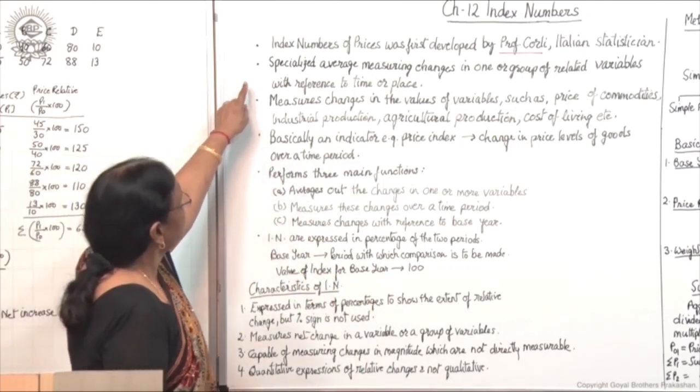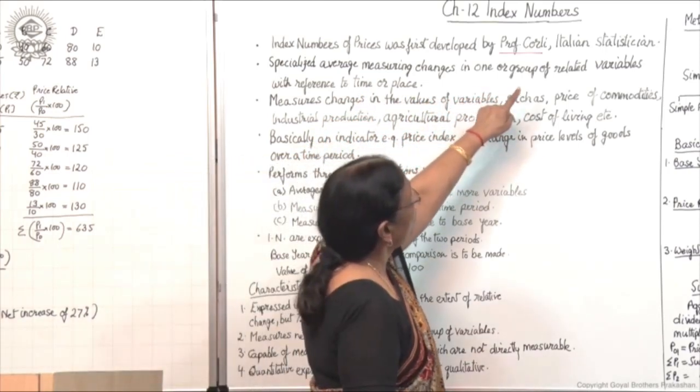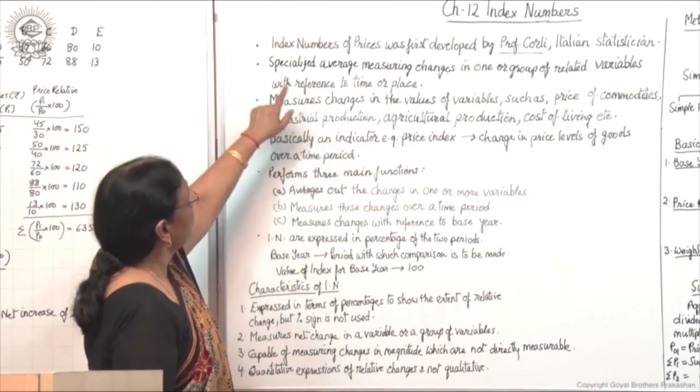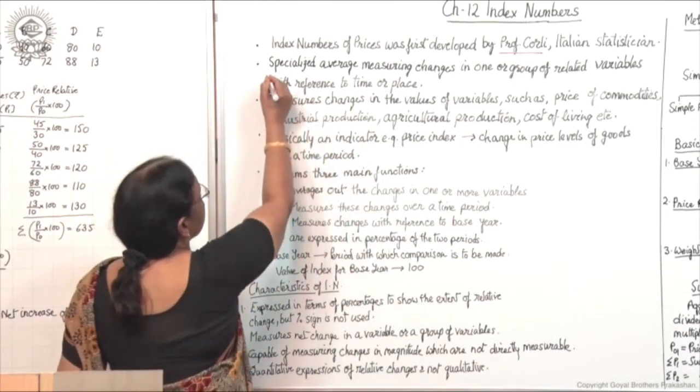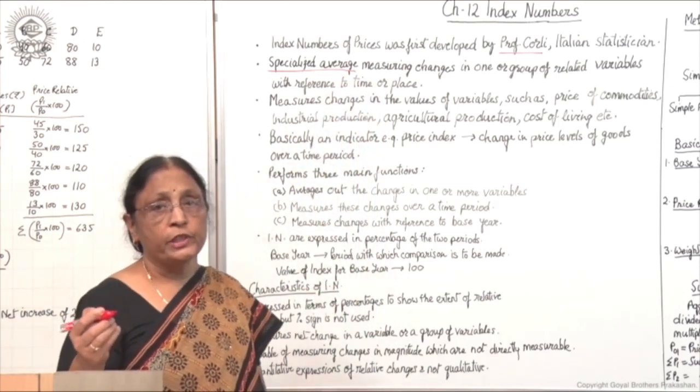Now another characteristic here is that it is a specialized average, measuring changes in one or a group of related variables with reference to time or place. So index numbers are a specialized average because we take out the average in a specialized way.